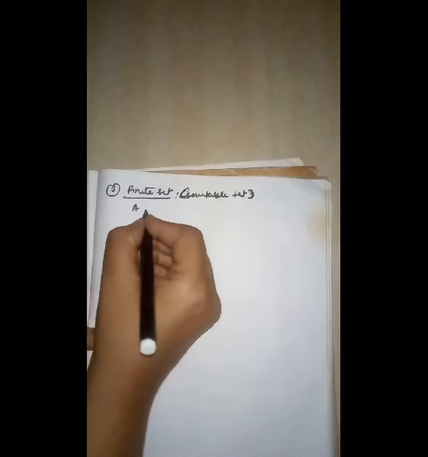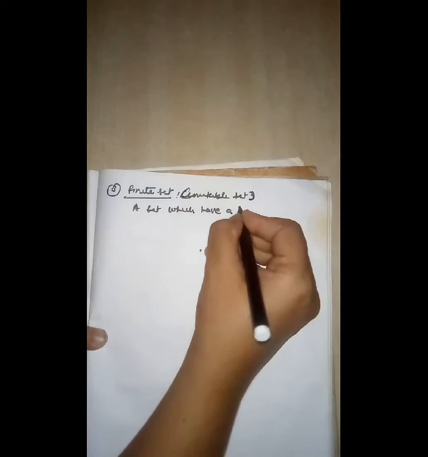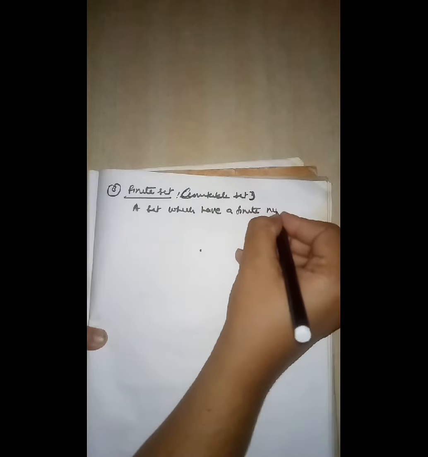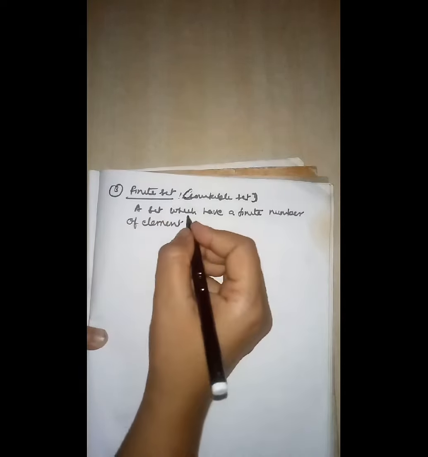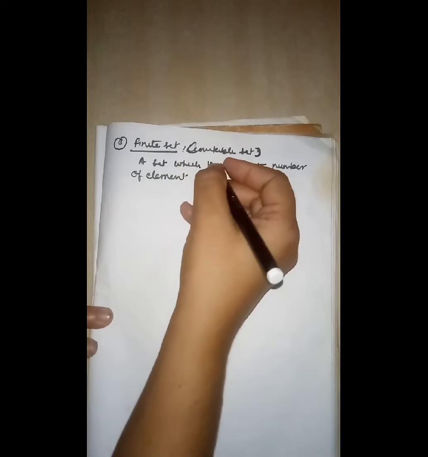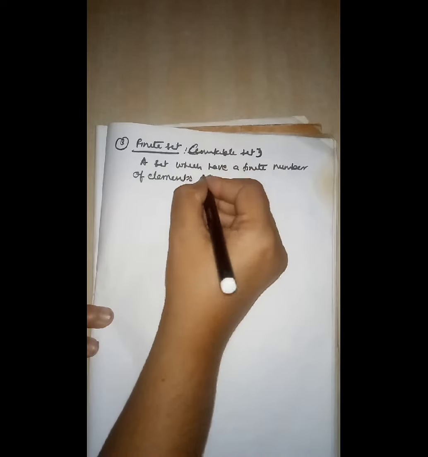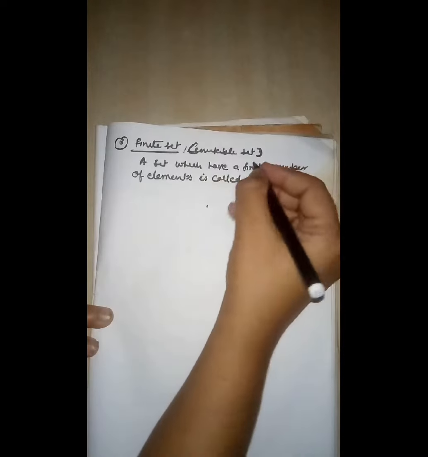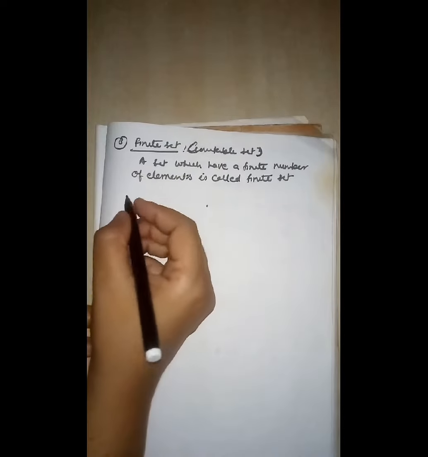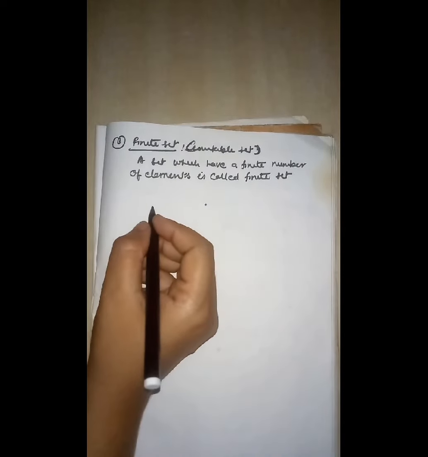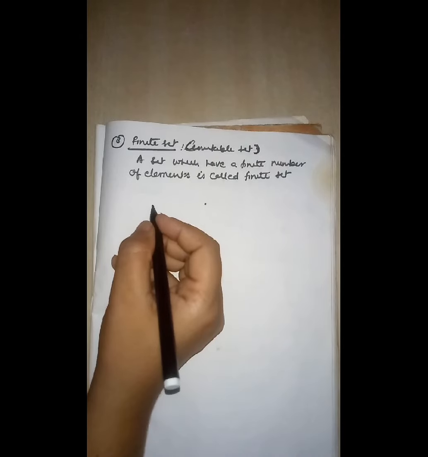A set which has a finite number of elements is called a finite set. Okay friends, it means a set which is countable is called a finite set.